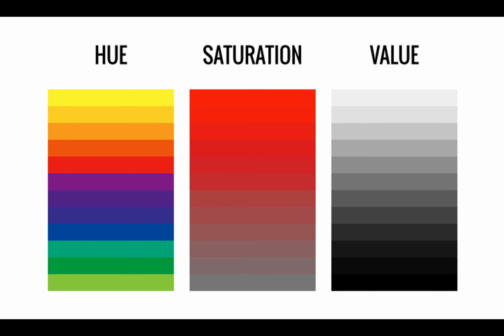And then if you pick out a red, you can have a really saturated red, or you can desaturate it. And when you desaturate any color, it's going to go into a black, white, or gray scale. So that's the other reason why, if you were going to try to make a black and white photograph, you would desaturate it. And the value oftentimes comes down to contrast. How black or how white is that going to end up being?